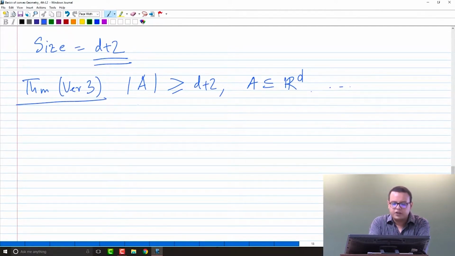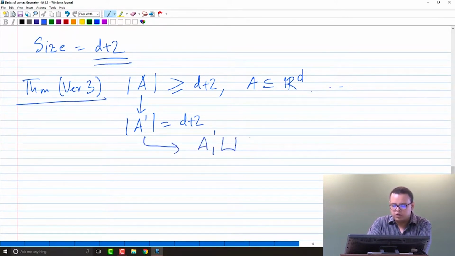Actually not. See, if the number of points is greater than d plus 2, from this take out a set A prime of size d plus 2. Apply the theorem, you will get A1 prime disjoint union A2 prime, which is equal to A prime, and the convex hull of this and this will intersect. But I want to prove it for A. So, how will I go to A?